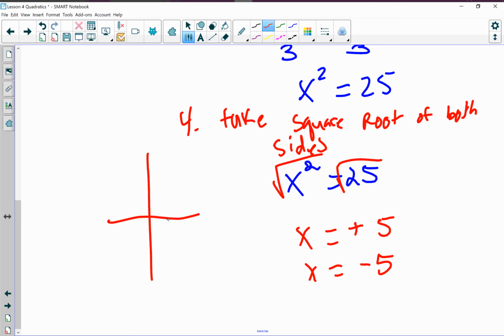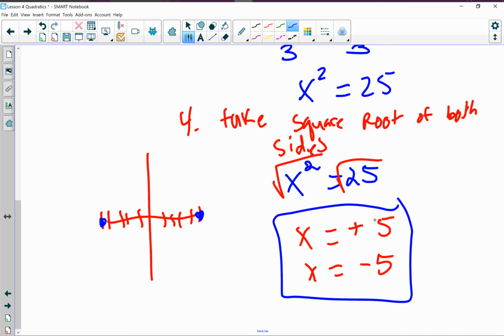What my graph would look like is that negative 5 and positive 5, my graph would cross right there. So that's what it would look like on the graph, and here's what it looks like by solving by square roots. Those are the answers that we want. Those will give us a y value of 0. Okay, so that's how we solve by square roots.